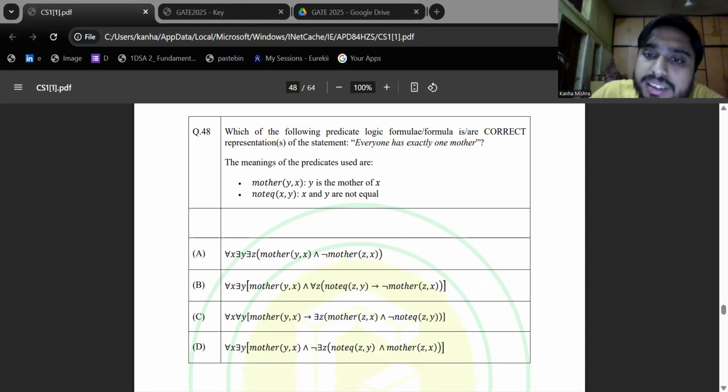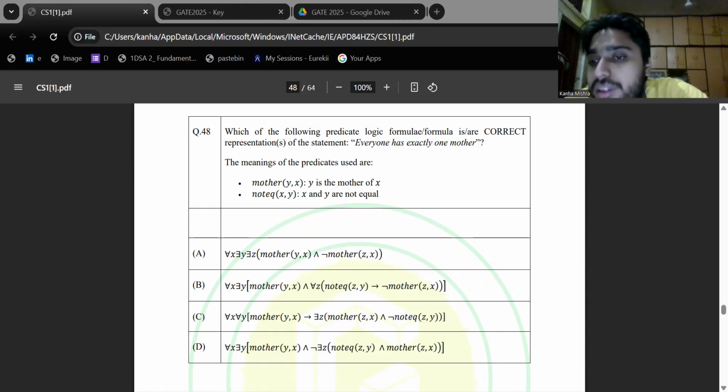You can see not_eq(Z, Y) means Z and Y are not equal, so there is no other person Z; it does not exist. Existence and uniqueness combined means exactly one mother for everyone. Option A misses uniqueness, and option C does not properly capture the existence or uniqueness.